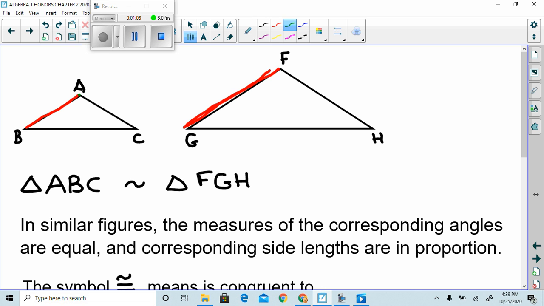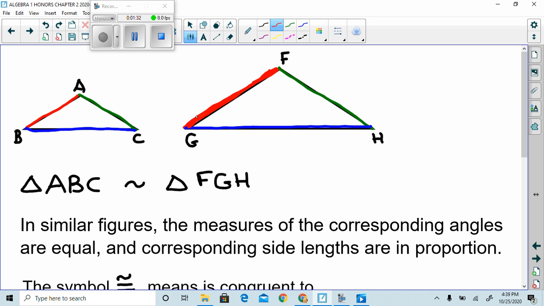Let's look at AC. AC corresponds to FH. And then we'll look at BC. BC corresponds to GH. So we're looking at corresponding sides. They're in the same relative position, and we're going to find out that they are in proportion.